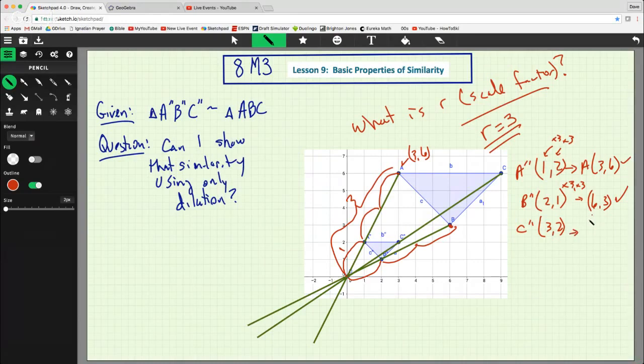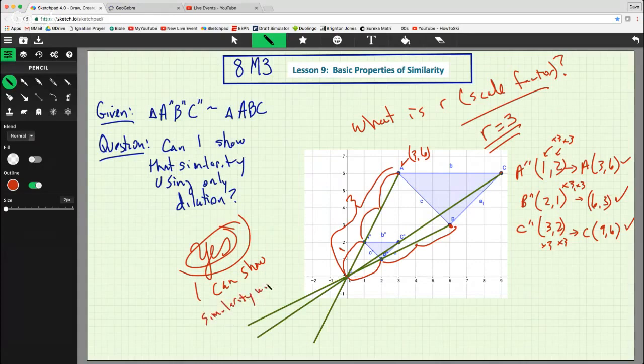And my C point should be at 9, 6, or 3 times 3 and 2 times 3. And it is. So the answer here is yes. I can show similarity with only dilation.